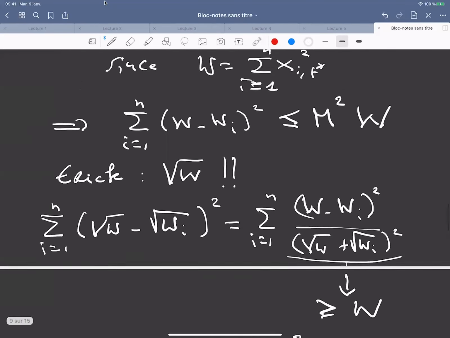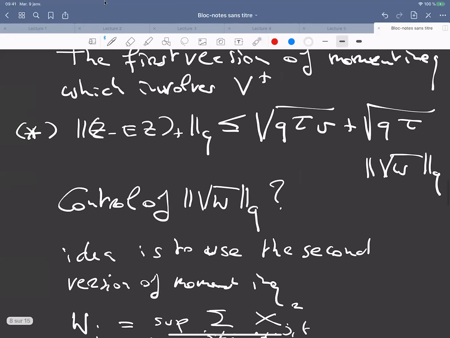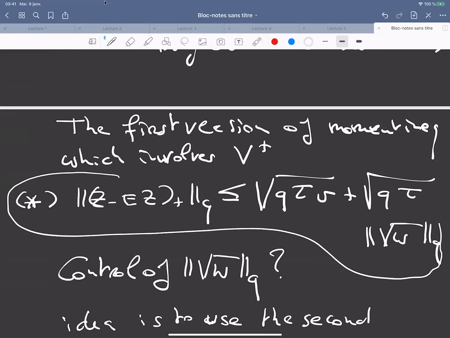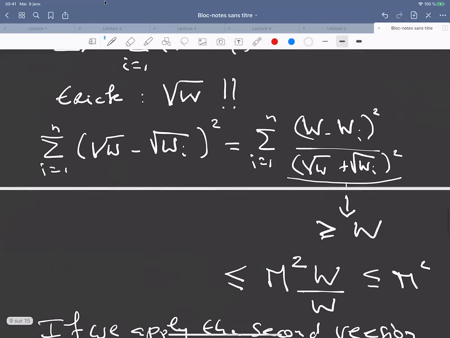So remember that star, what does it say? It says that you are less than that, which is a gentle term, and this term here, which was involving the LQ norm of square root of W, which is precisely what we have controlled now. So it amounts now to multiply by square root of Q tau in order to conclude. So this is what we do.